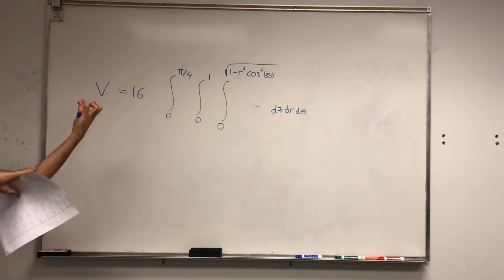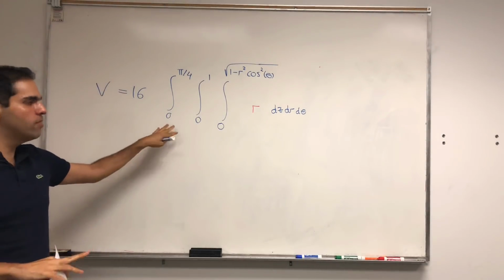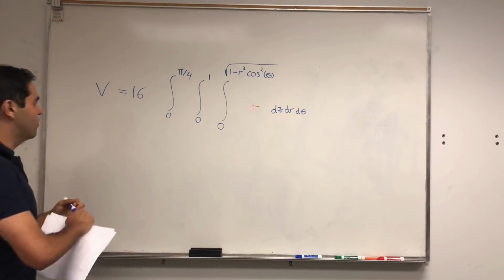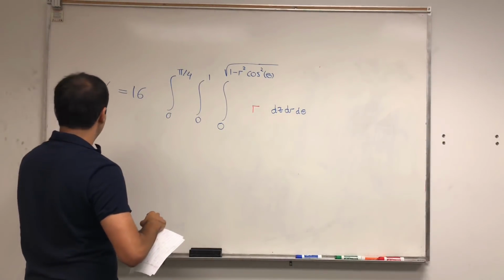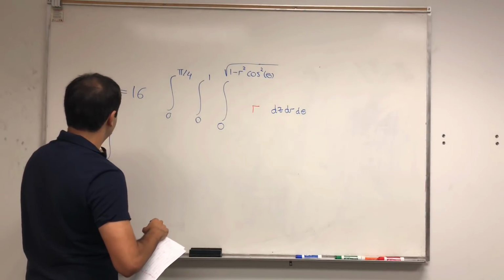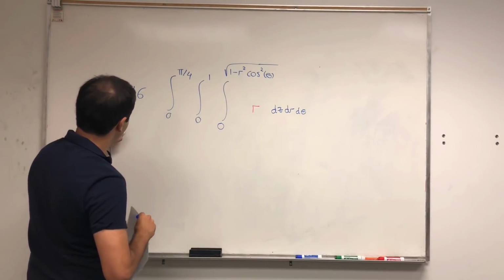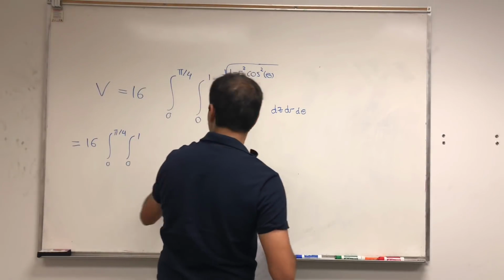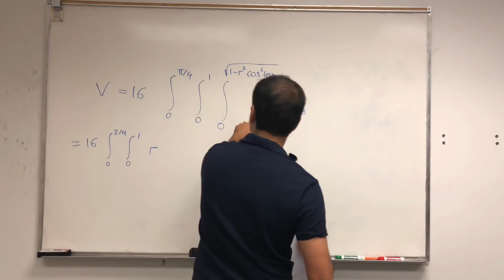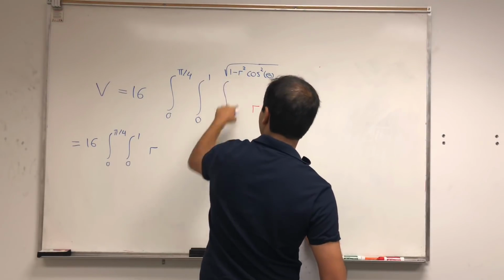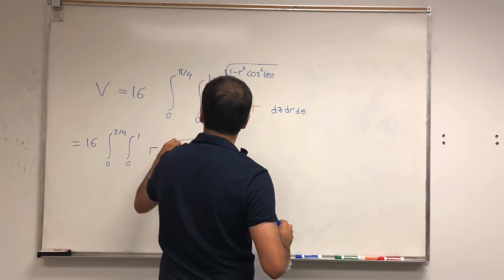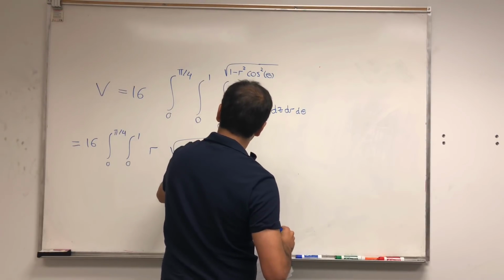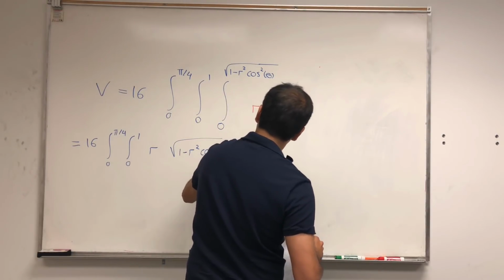We took this complicated geometric problem and wrote it down as an integral, and now we just have to calculate that integral. So this becomes 16 times the integral from 0 to pi over 4, integral from 0 to 1. This doesn't depend on z, so it's just a constant: r times b minus a. R times 1 minus r squared cosine squared theta, dr d theta.